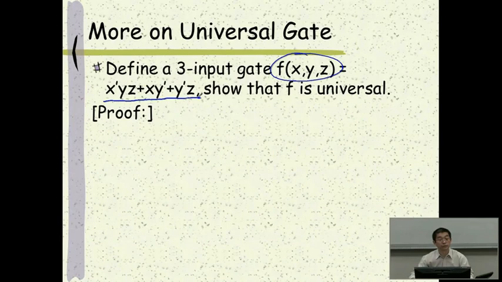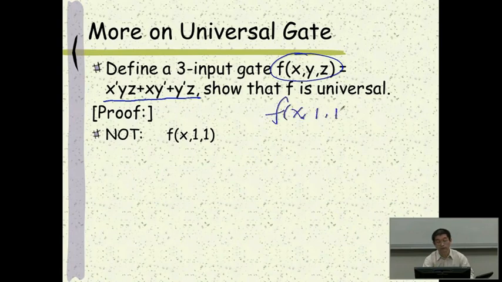We first want to show that I can use this function block f or this gate to implement the inverter. And how do I do that? I set the second and the third parameter to f as constant 1.